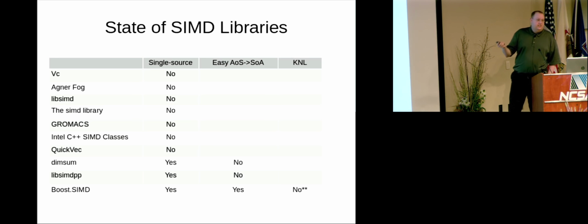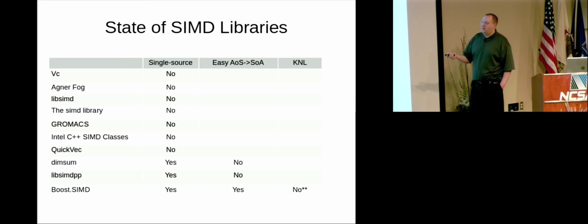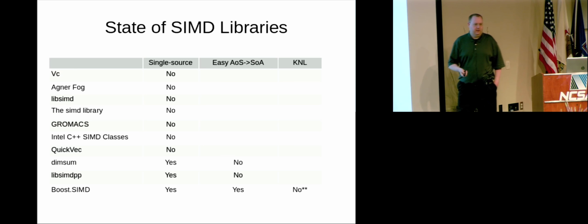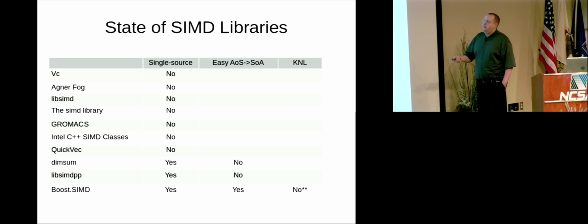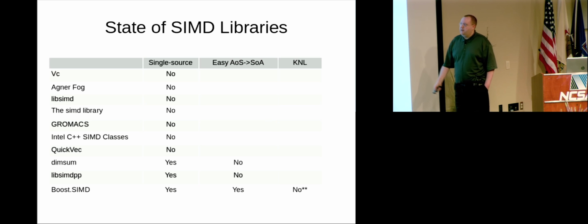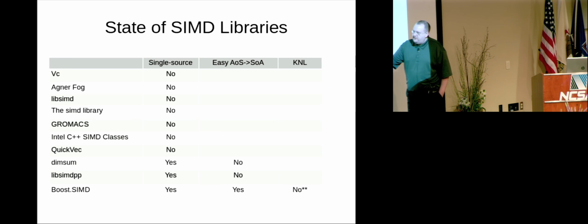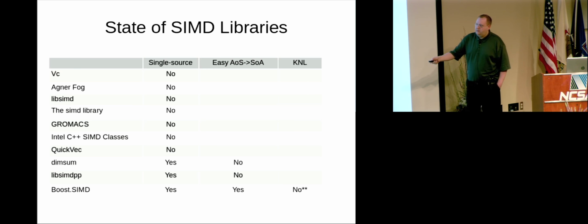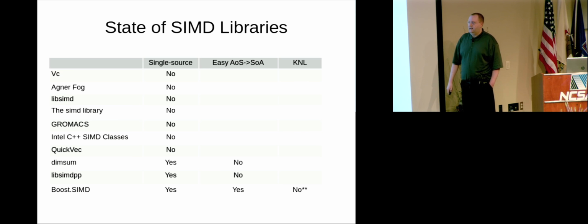Of course, I did not set out to write my own. There are lots and lots of SIMD libraries that exist. Here are just a few of them. The problem is my constraint of single source is not satisfied by the vast majority of them, including Intel's C++ SIMD classes. This one really blew me away when I found it. It does not support single source.